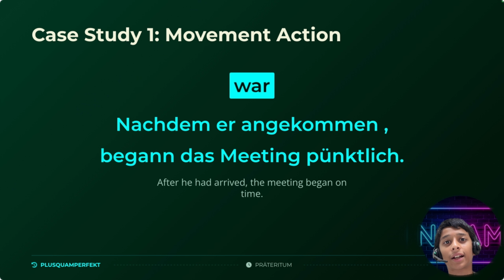Notice war sits at the very end, because this is a subordinate clause, so both verb parts cluster together at the end. Then the main clause flows normally in the Präteritum: begann das Meeting pünktlich. This is a textbook example of the whole lesson in one sentence. Arrival happens first, the meeting happens second, and the grammar makes the order unmistakable.